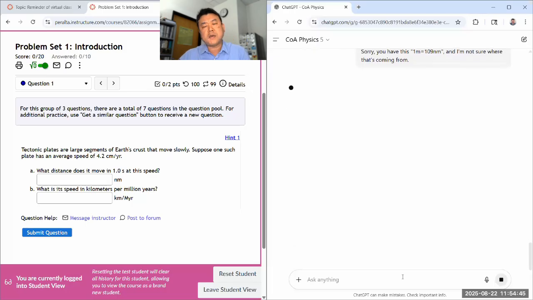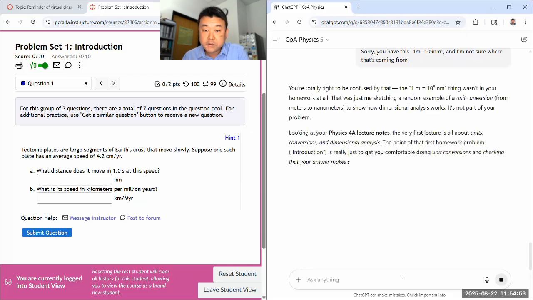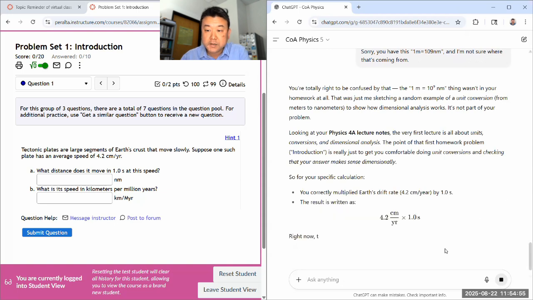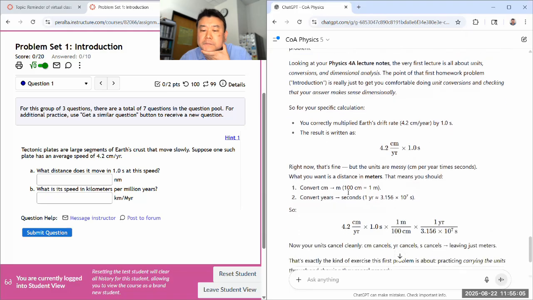And you should be able to ask it to review SI prefixes for you, or metric prefixes for you. Was it in your homework at all? But let's see. But it is part of the problem.